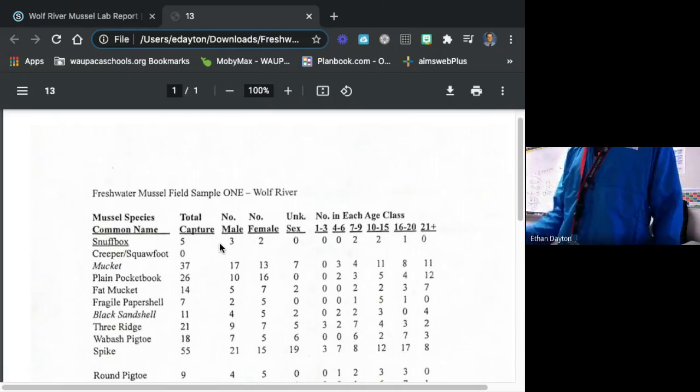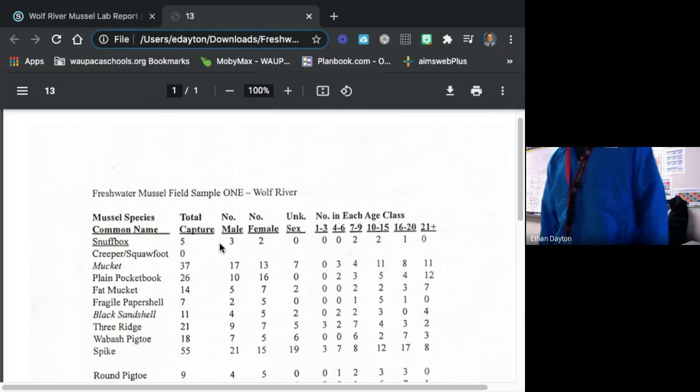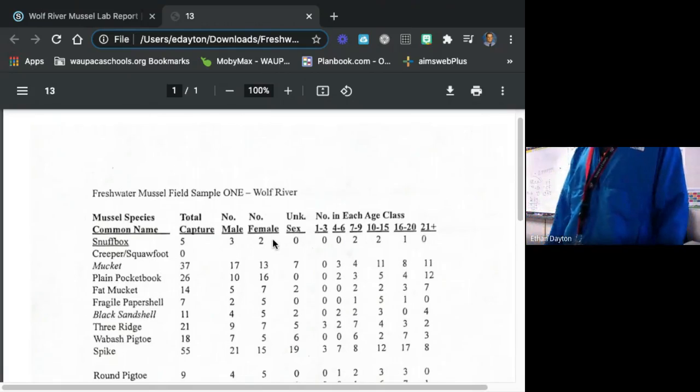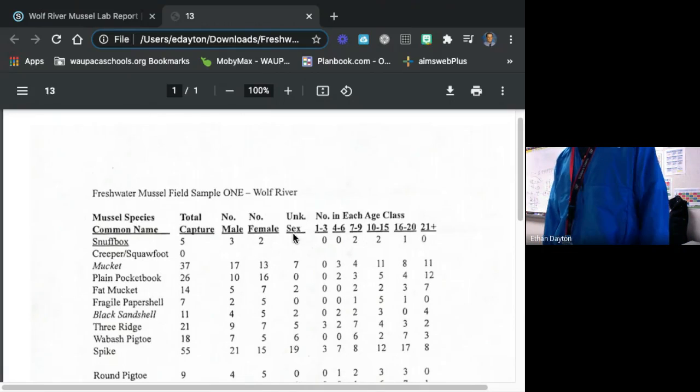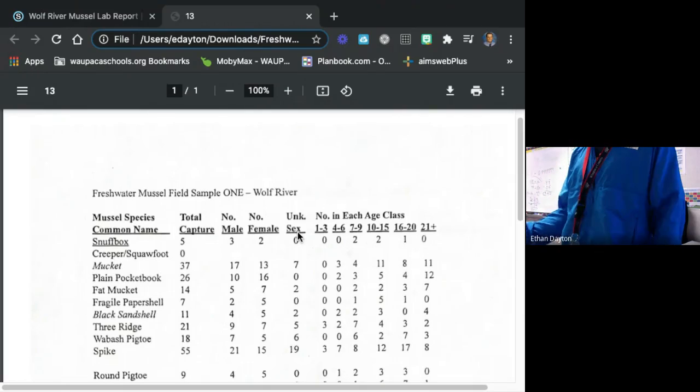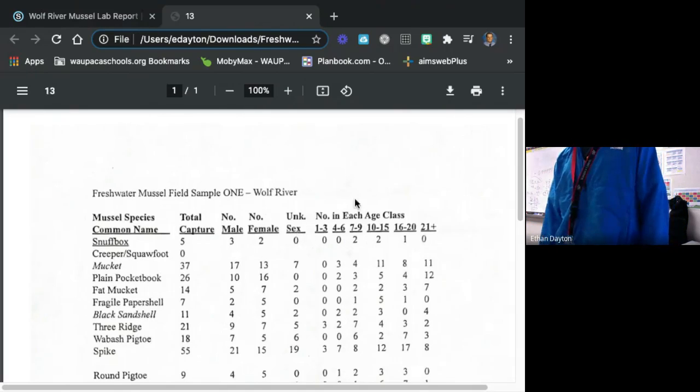That would mean how many were female? 2, okay? But that's not always the case because for some of them, the sex is unknown. So that's the 4th column. It says UNK period sex. That'd be unknown sex. We didn't know if it was male or female when we discovered it.